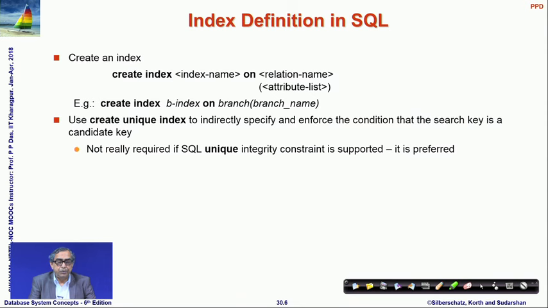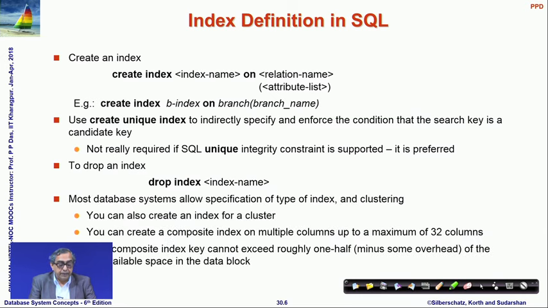This used to be very common earlier, but now it is more preferred that you use the unique integrity constraint in create table, which we have already discussed, and that will ensure that condition is satisfied, and you may not create a unique index for that. If you do not want an index, you do drop index and put the index name.